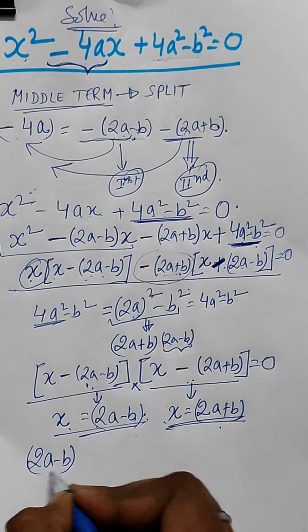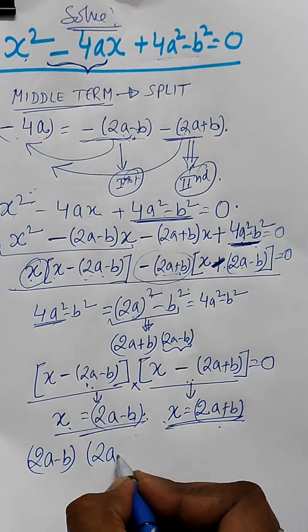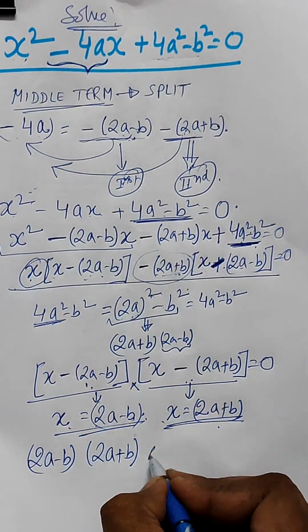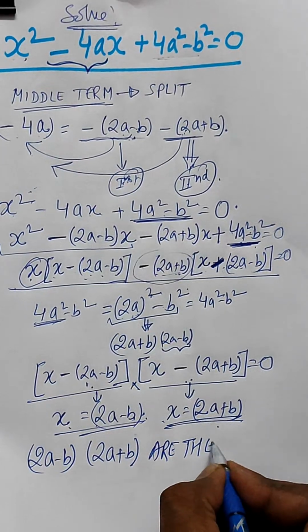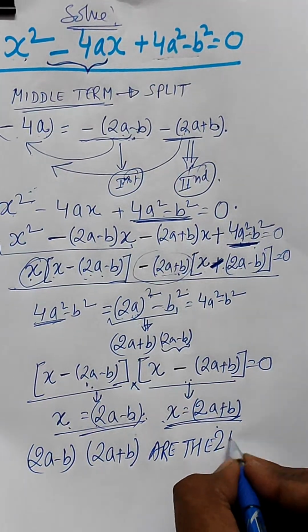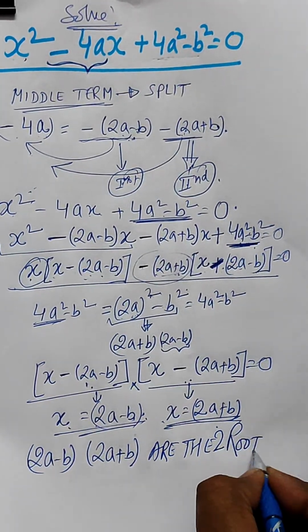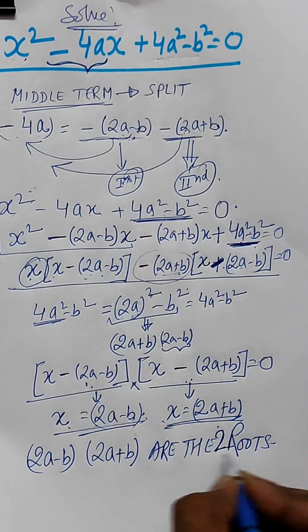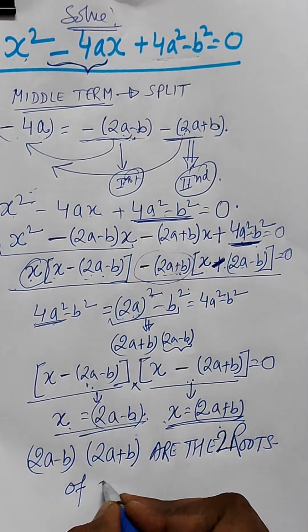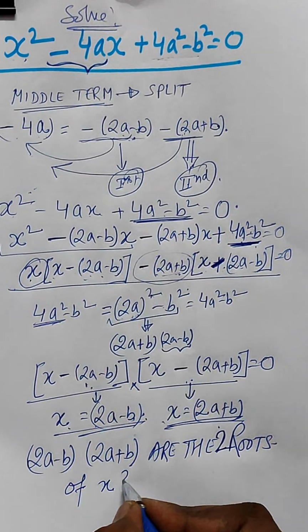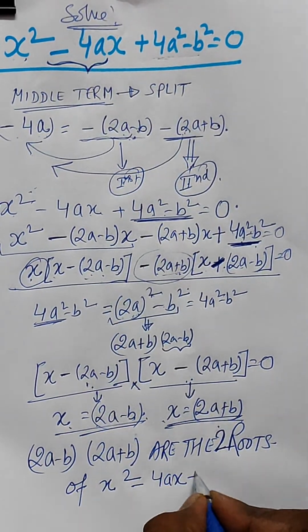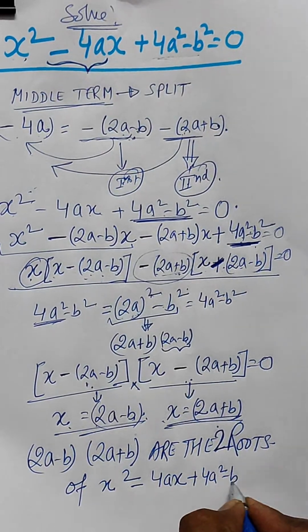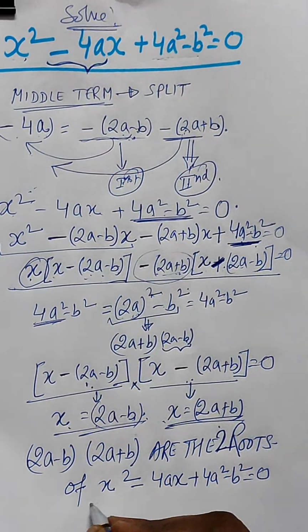Which quadratic equation? x square minus 4ax plus 4a square minus b square equal to 0.